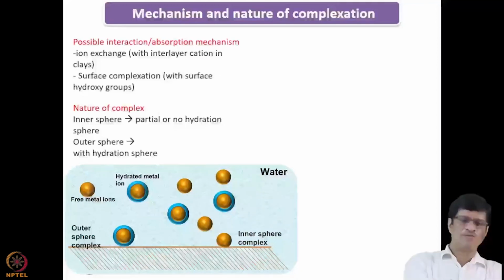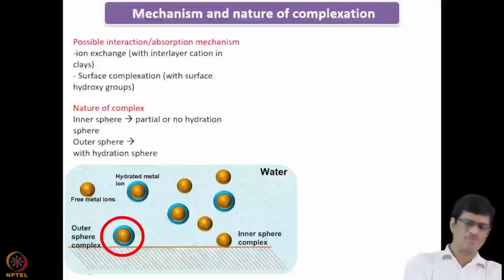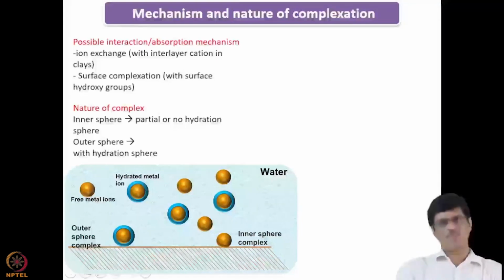Now, when it is going to bind with this clay mineral, the water molecules around the metal ion have to be removed, and then it will form a complex. In the case of outer sphere complexation, the water molecules need not be removed, and there can be interaction between the water molecules bound to the metal ion and the clay mineral surface. That is how it forms an outer sphere complex.